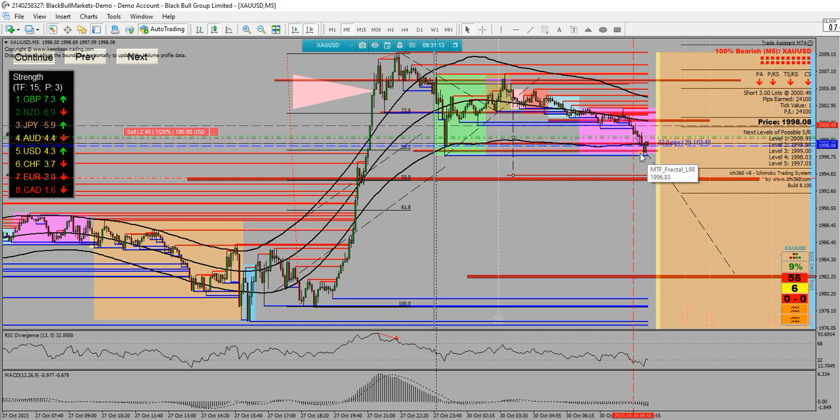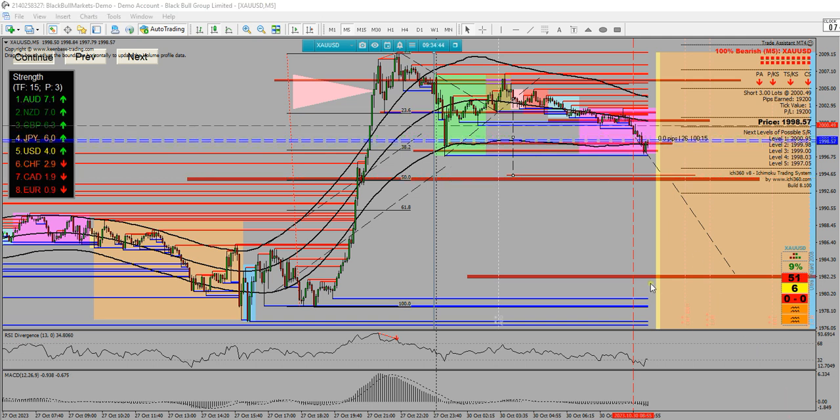So very confluence area. Okay, so got stopped out there. Total profit there was, what's that, 107 bucks, 108 bucks, 108 bucks 60, according to me.